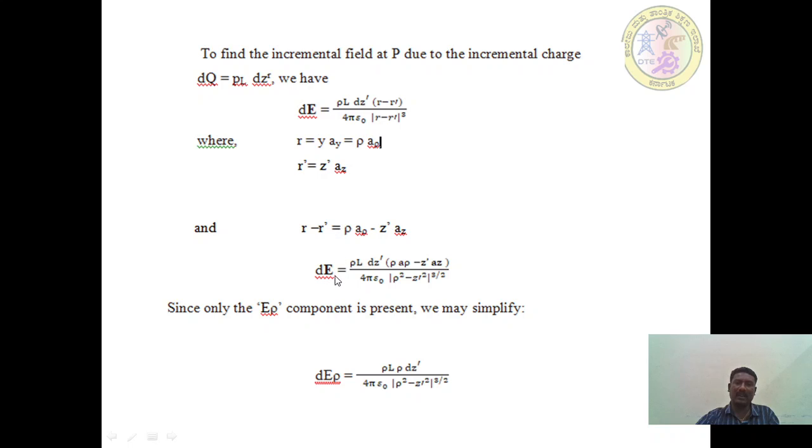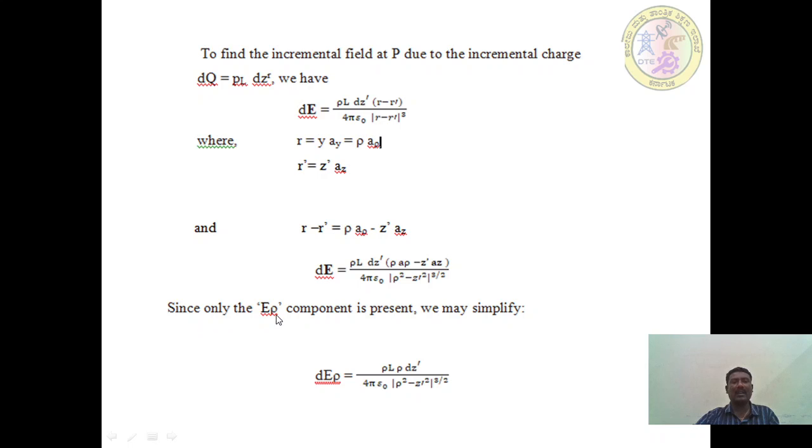Substituting all these, we get dE is equal to rho L dz rho a rho minus z dash az divided by 4 pi epsilon naught into rho square plus z dash square to the power of 3 by 2.